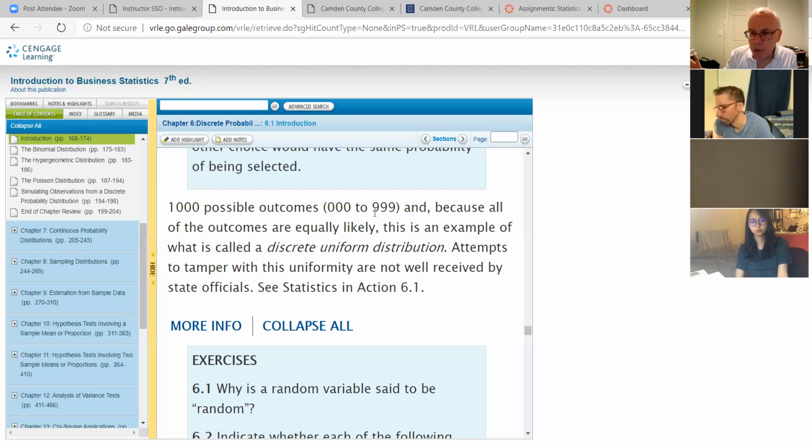So you can picture just factoring out 1 over 1,000, adding up all the numbers and dividing by 1,000. Isn't that the same thing as just taking an average? So in the discrete uniform distribution, the simple average of all the values is your expected value. We just calculate it the normal way.